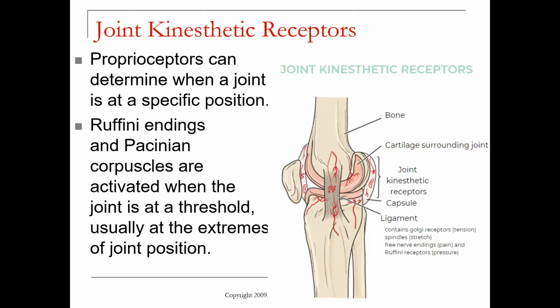When we are at the threshold of action, these joint receptors tell us that's too far or that's far enough. We can't go any further. So at the extremes of our action, we have these joint kinesthetic receptors saying stop.